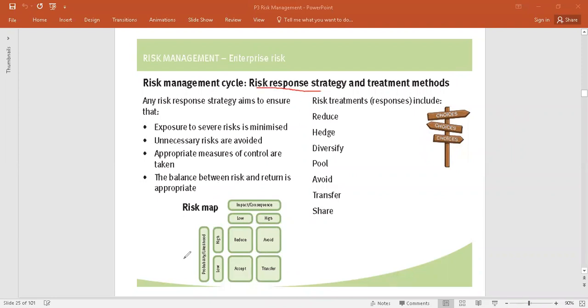So this is the risk mapping. I have this presented in the next slide also. Any risk response strategy aims to ensure that exposure to severe risk is minimized, unnecessary risks are avoided, appropriate measures of control are taken, and the balance between risk and return is appropriate.